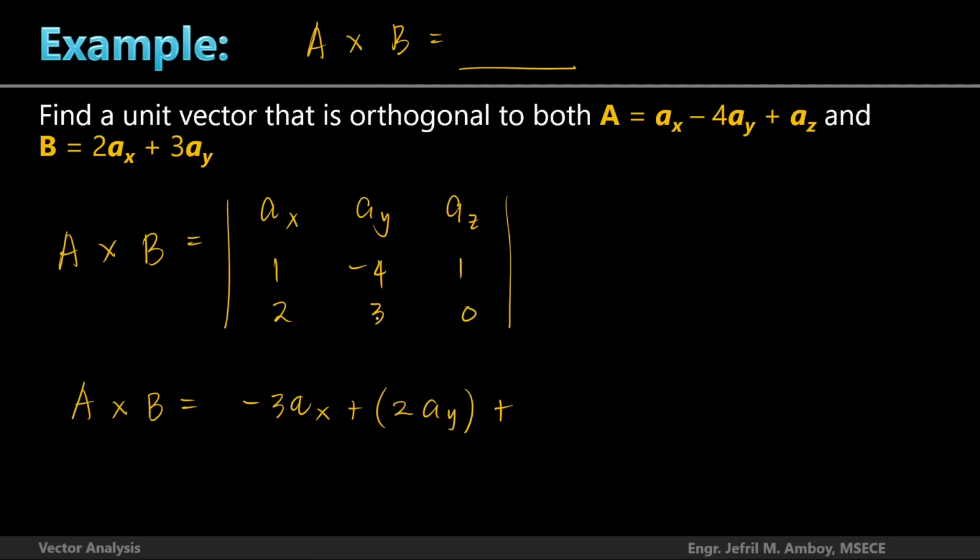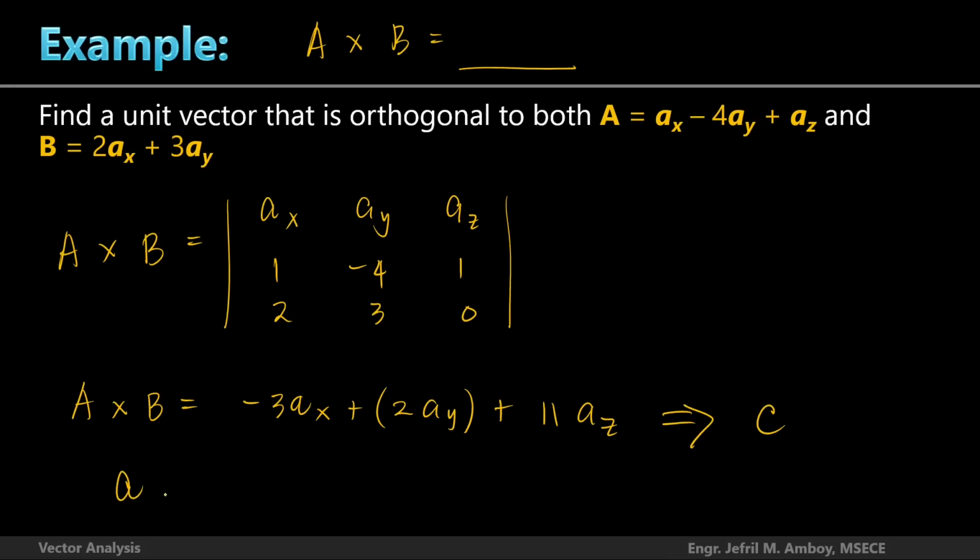That's 3 minus negative 8. That's 3 plus 8. So that's 11. So 11 Az. So this is the cross product. Now, what is the unit vector that we're looking for? Okay, to get the unit vector, we just divide this vector. For example, let us call this vector C, for example.